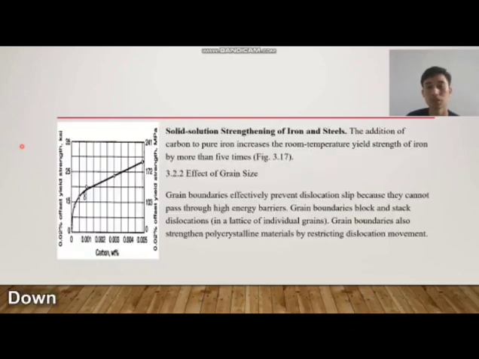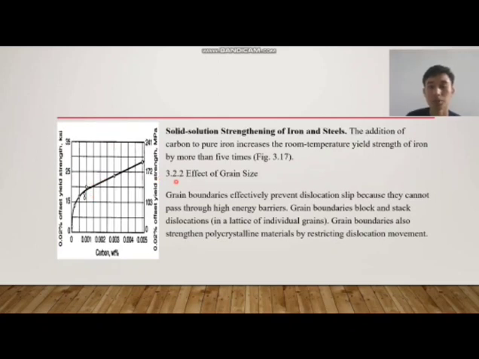Next, solid solution strengthening of iron and steels. The addition of carbon to pure iron increases the room temperature yield strength of iron by more than 5 times, figure 3.17.